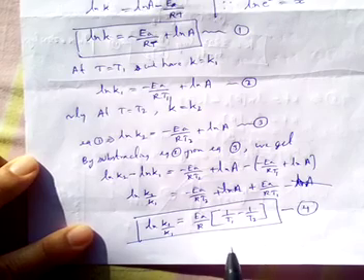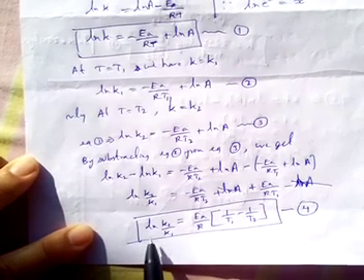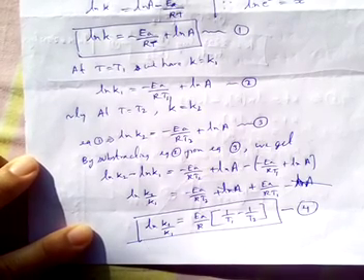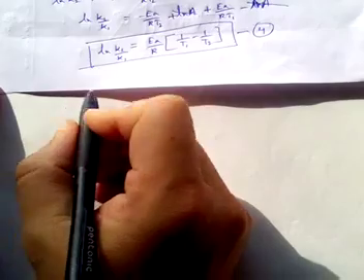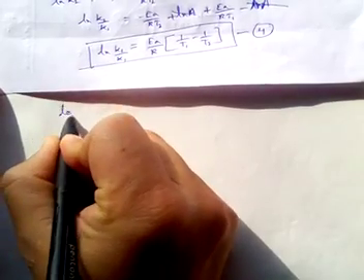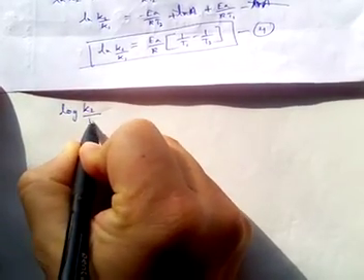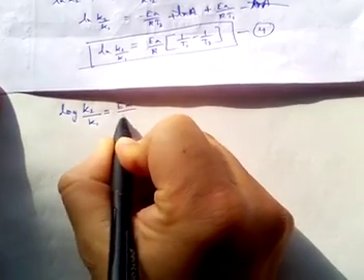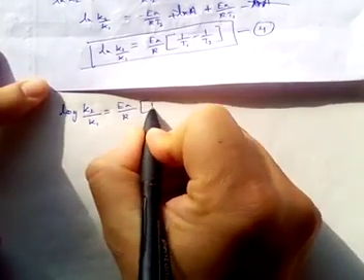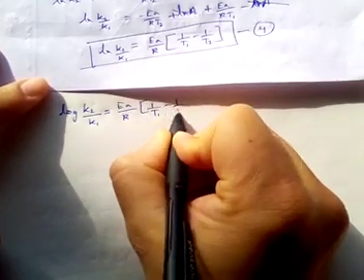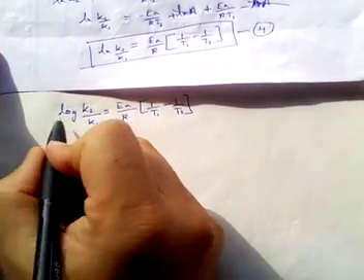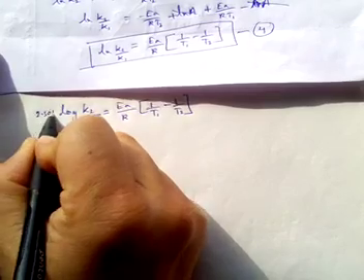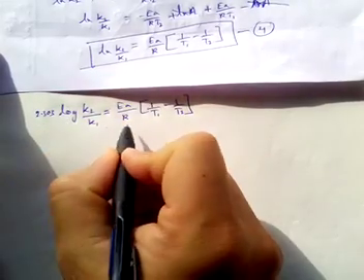And this is a very important equation. Now we'll change this ln to log. So log k2 by k1 is equal to Ea by R times (1 by T1 minus 1 by T2), where the factor 2.303 comes in with the log.